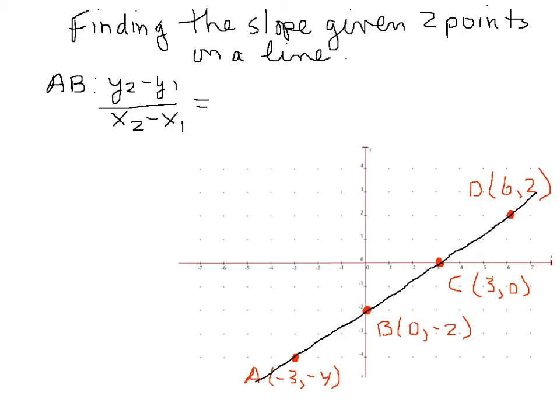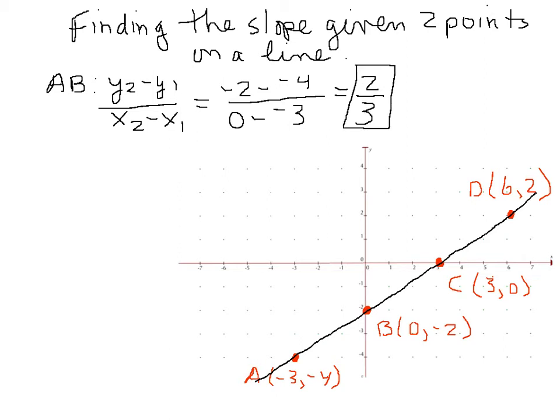If we perform this operation, we're going to have minus 2, that's the first y value, minus 4, the second y value, over the difference in the x values in the same order, so it's 0 minus 3. And so what do we get? Minus 2 minus a minus 4 is minus 2 plus 4, which is 2. 0 minus a minus 3 is 3. So it looks like our slope is 2/3.